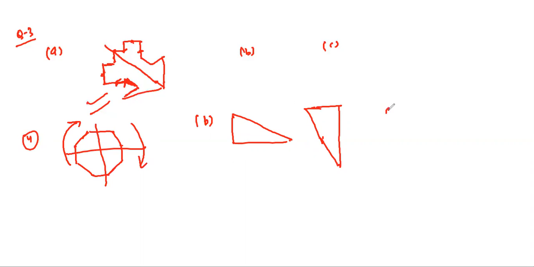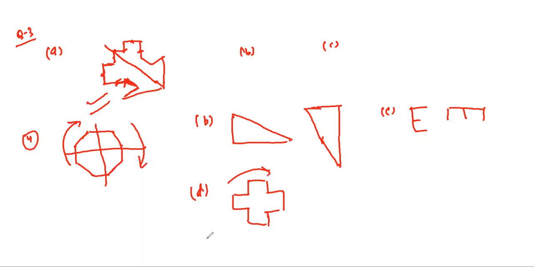Like this one also, if we rotate this, it will not be symmetrical. But part D is symmetrical. If we rotate this, it will look the same. So that is why this one and this one are the answer, and these B and C parts are not symmetrical.